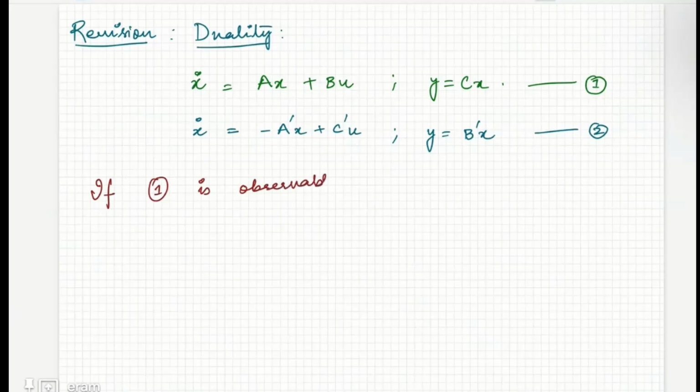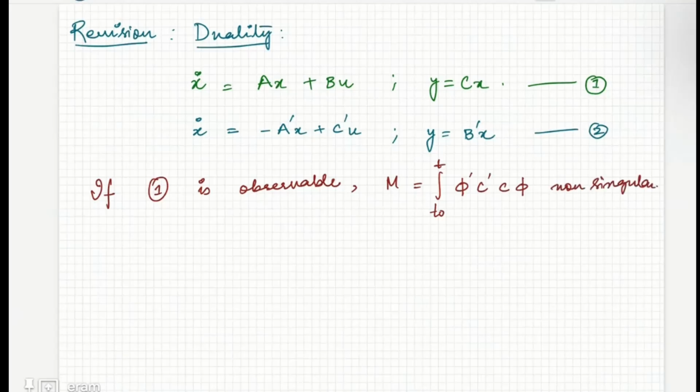Now when we say system 1 is observable, we know that we can find the matrix M, the observable Gramian matrix. If phi is the state transition matrix, then for system 1 with C as the output matrix, we can find the matrix M, and this should be non-singular.